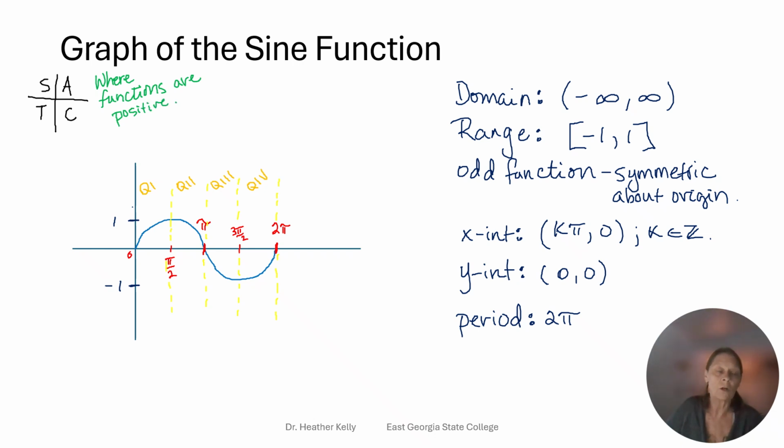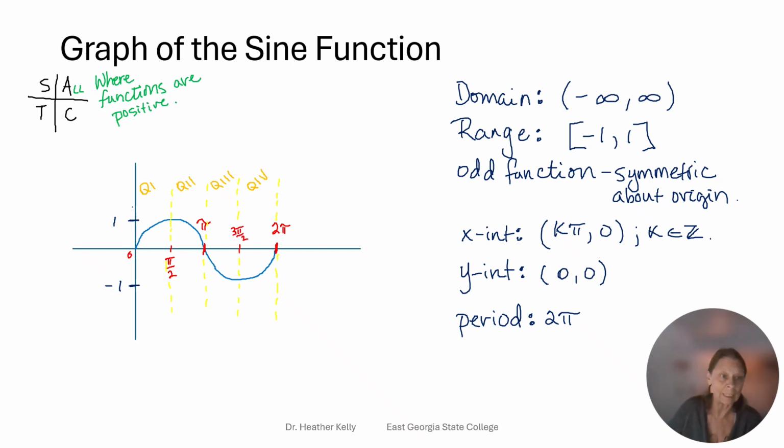And the A here in the first quadrant means all functions are positive. That is for all. S is for sine and its reciprocal cosecant. T is for tangent and its reciprocal cotangent. And C is for cosine and its reciprocal secant. Okay, so just reminding you here.